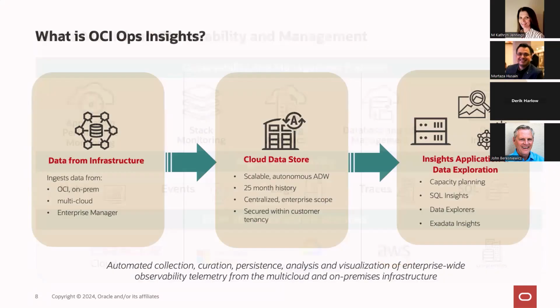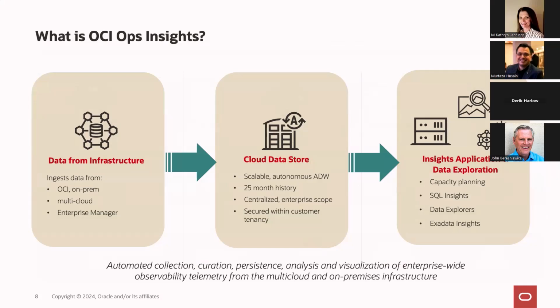Before we deep dive into Ops Insights, I wanted to touch upon some of the high-level salient points of the OCI Ops Insight service. On the left-hand side, we ingest data from all infrastructure, whether it's OCI, on-prem, or multi-cloud, and we also support Enterprise Manager as a complementary service.